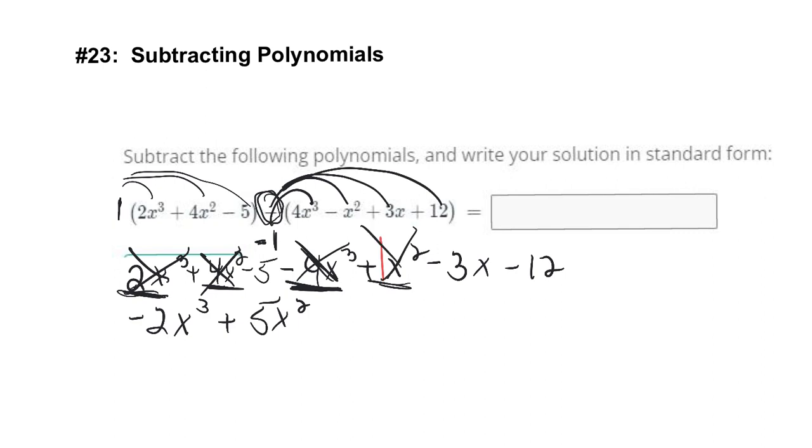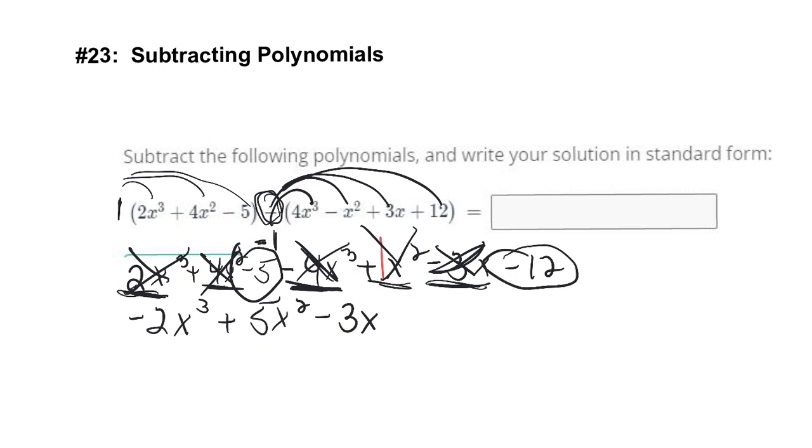-5. Well, the next lowest would be this -3x. I do not have another x to the first power to combine with that, so all I'm going to do is drop that down. That would be my -3x. Cross it out. Then I have my constants left. -5, -12.